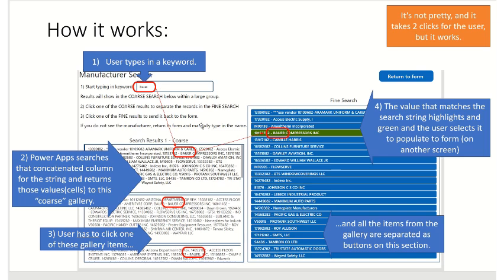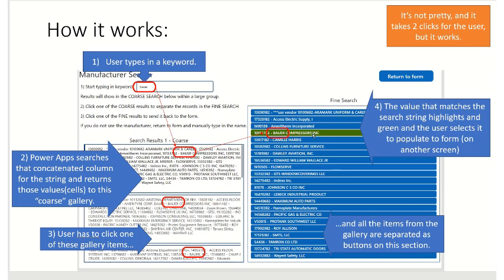All the user does now is click on one of these gallery results, and all of these values will separate into individual buttons over here on the right side, in this case, 22 of them. And I also coded the color of each button to search again on this value and change the color, so that helps them find the value in the right table.